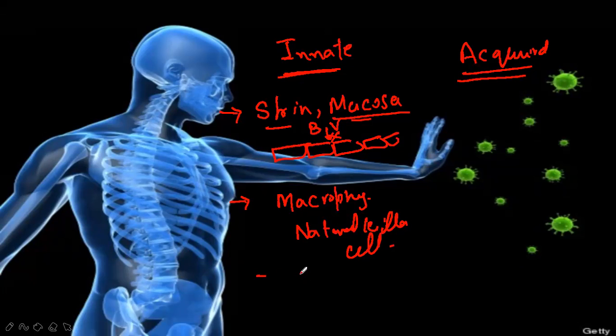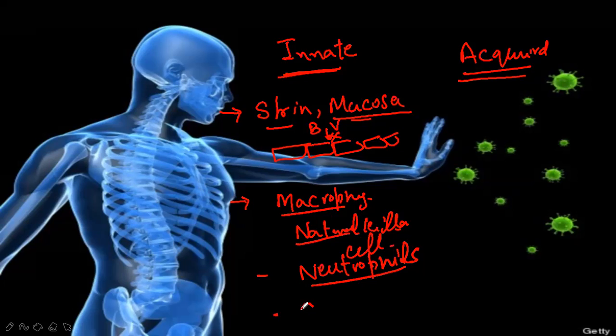It also has other white blood cells, neutrophils. Later I will explain every cell. So neutrophils, natural killer cells, macrophages. Innate immunity also has the complement system.